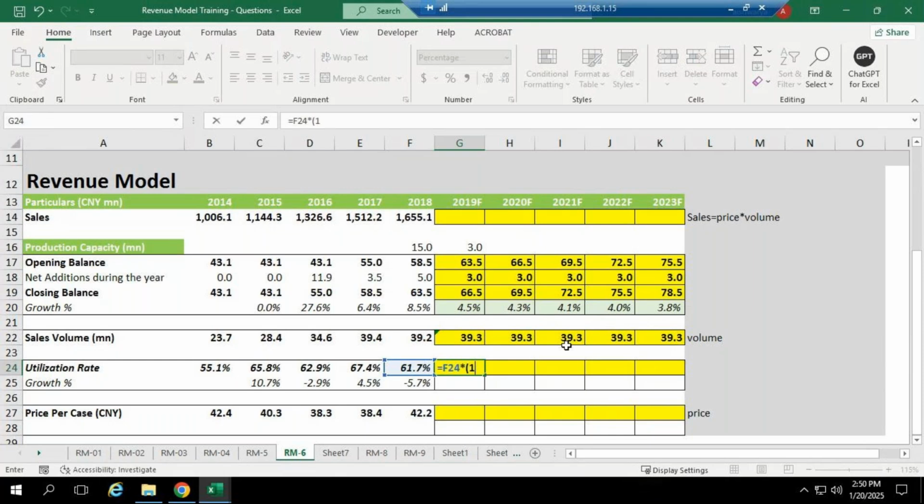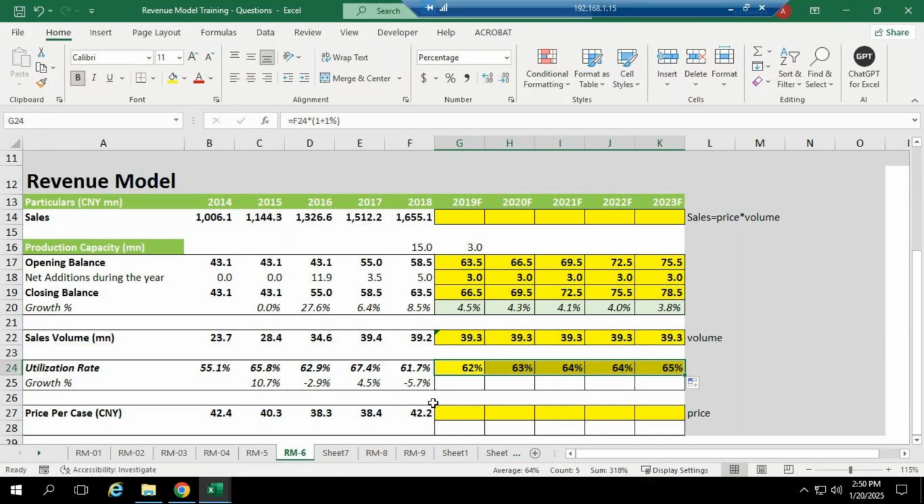Into 1 plus 1%. Okay, 62%. So again you have to drag it over here. Any doubts? Or you want me to explain this or anything once again?